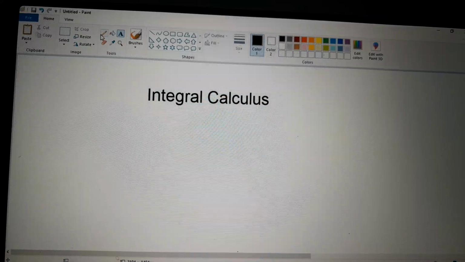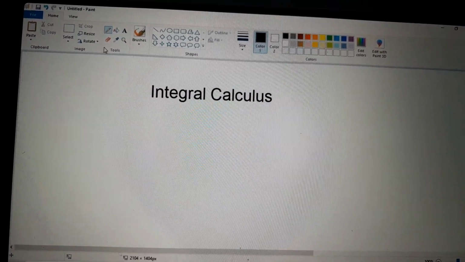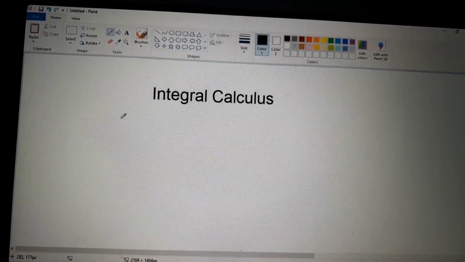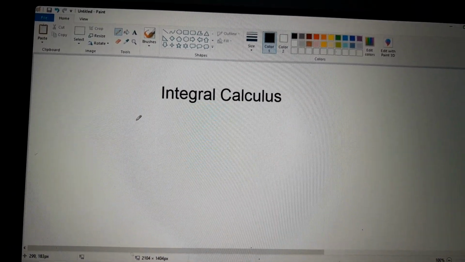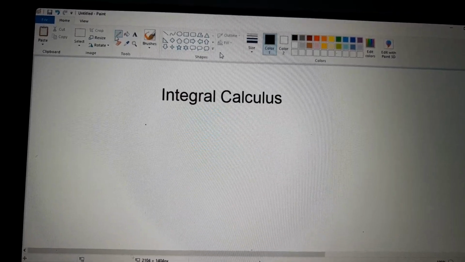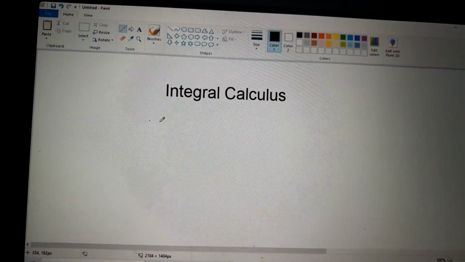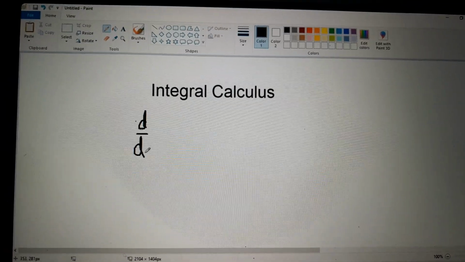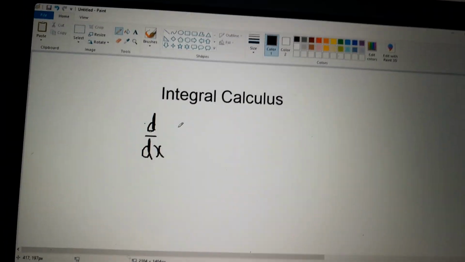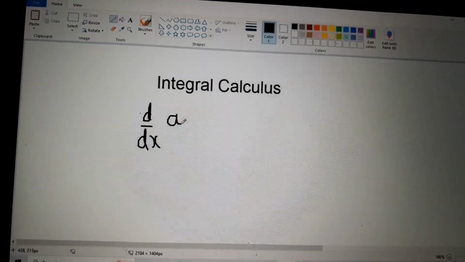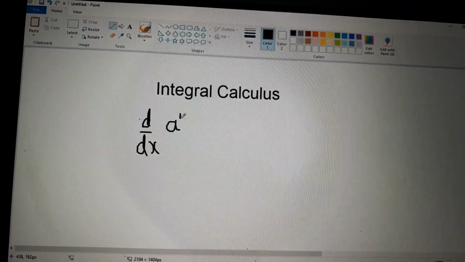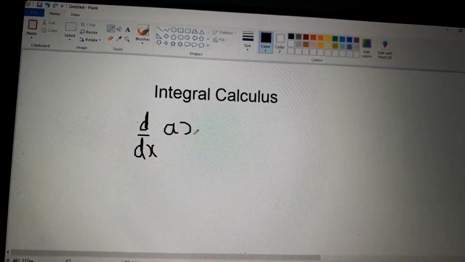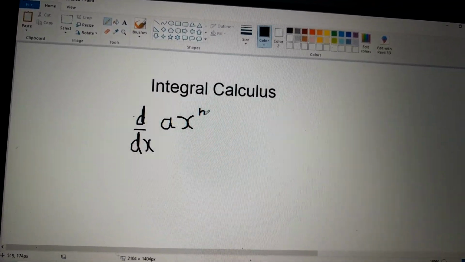So let's look at the power rule for differentiation. So we have a function, let's say d/dx of ax to the n power, where a is a constant, right?